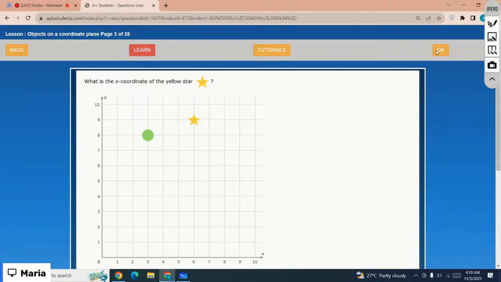What is the x coordinate of the yellow star? So which is the correct option? The x coordinate of the yellow star is, match it to the x axis, it is 6, right?